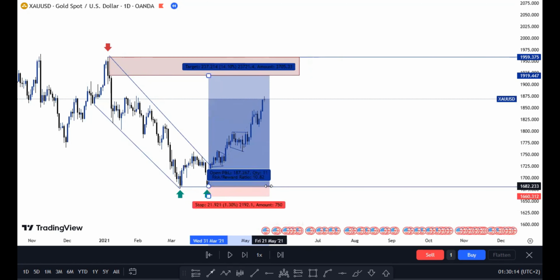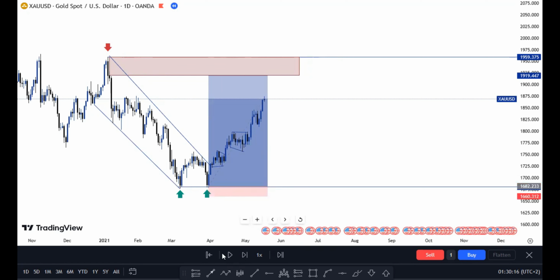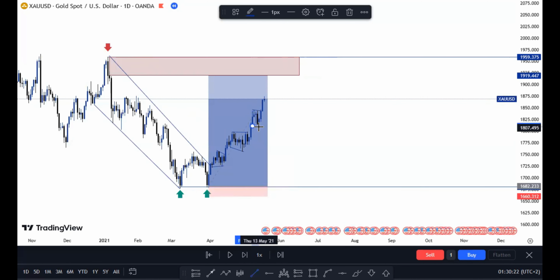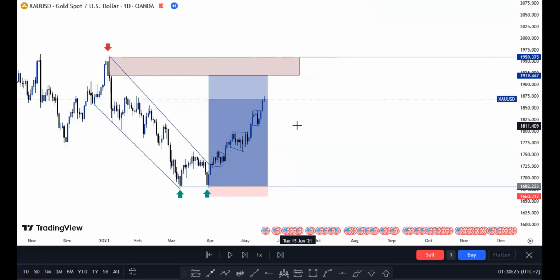Exactly what we have been talking about all along. We are now 100% sure that the market has been moving in this nature, the impulse correction to the upside.